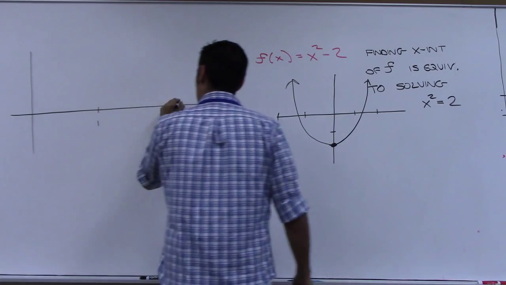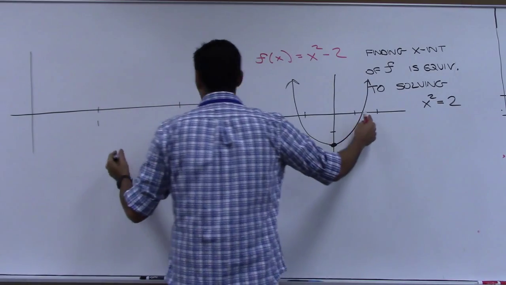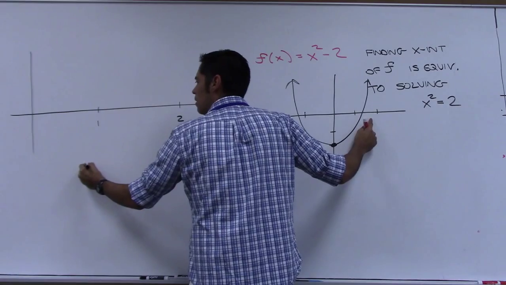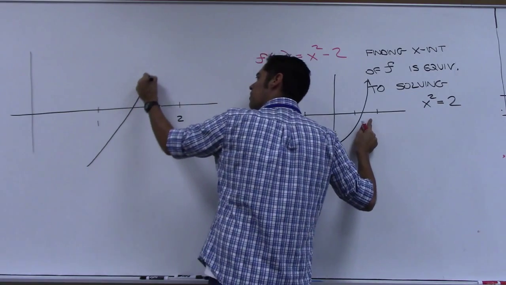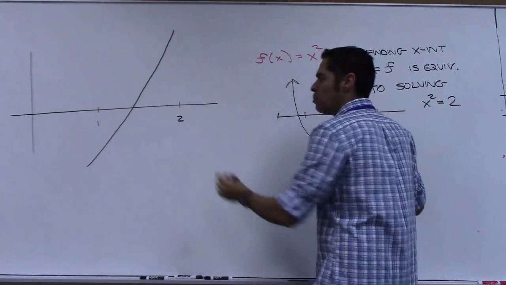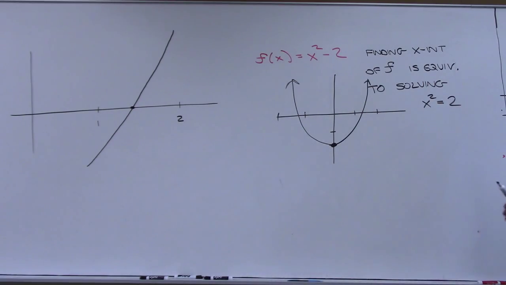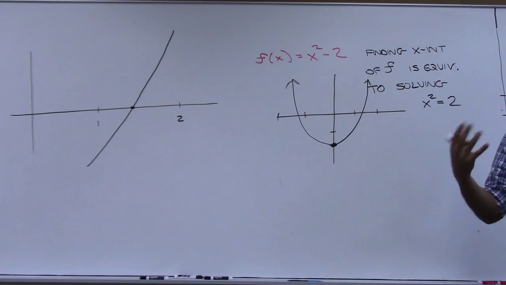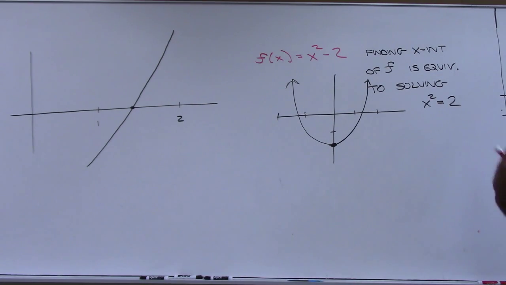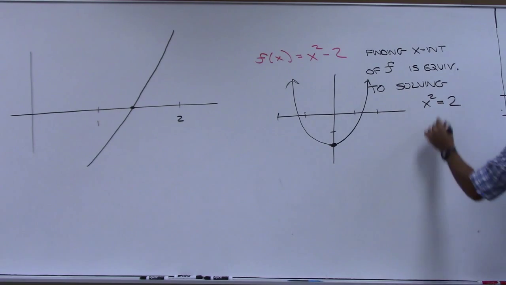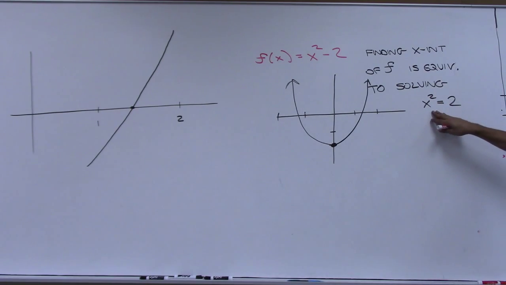Here's 1. Here's 2. Now we know it's 1.414, something like that, right? That's where it comes through. Here's the way Newton's method works. What you do is you start with what we call an initial guess as to what you think the answer is. So when you're looking at this, you guess 2.